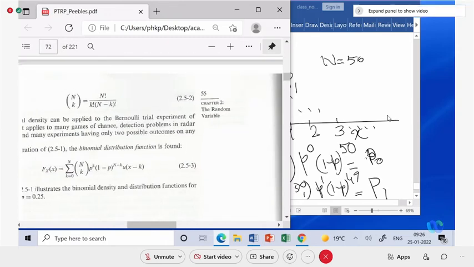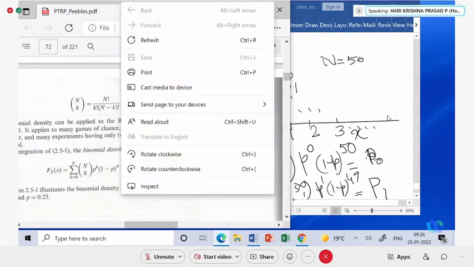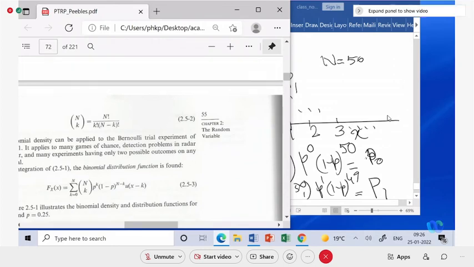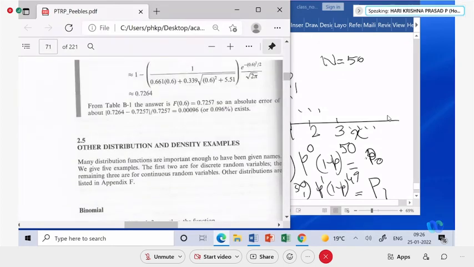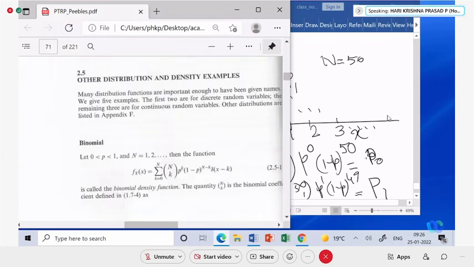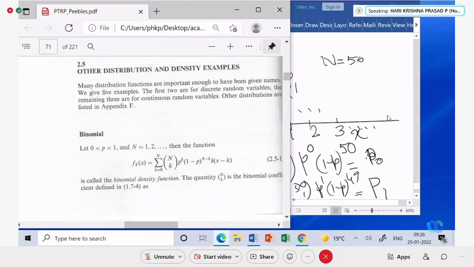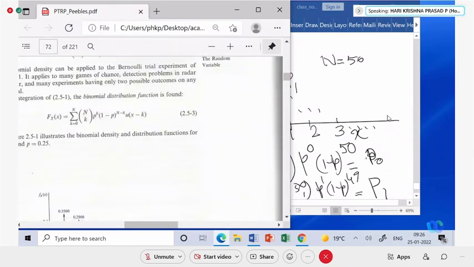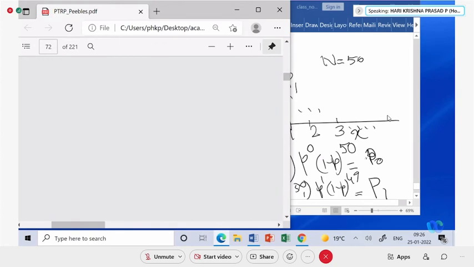Okay, how do we get the distribution function? We need to integrate the density function. When you consider the integration, we get a step function: the integral of delta of x minus k dx up to a specific value of x.